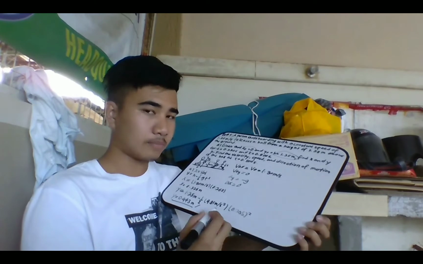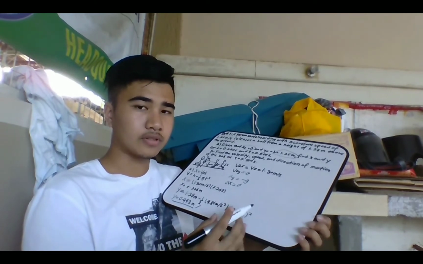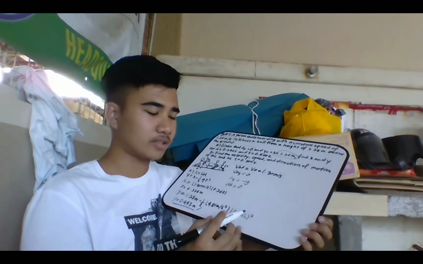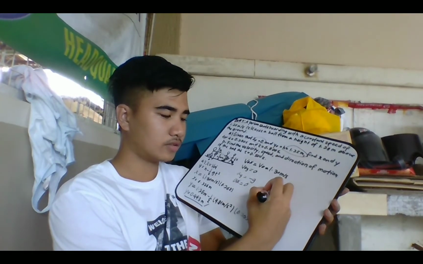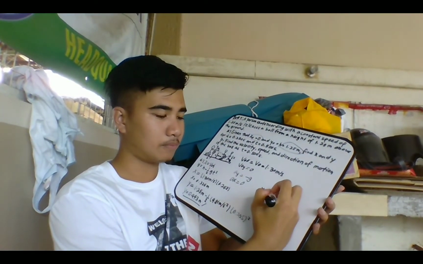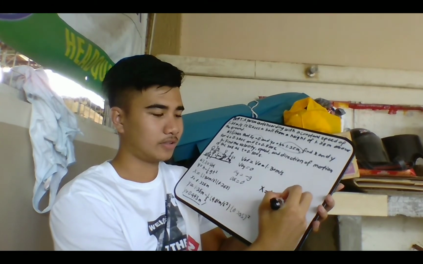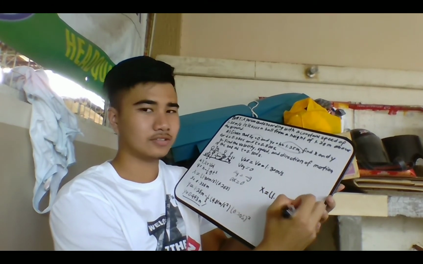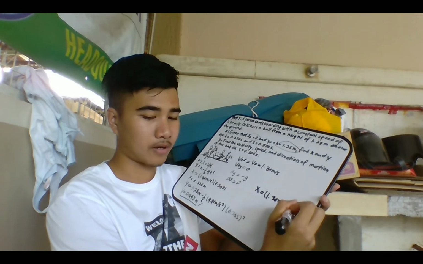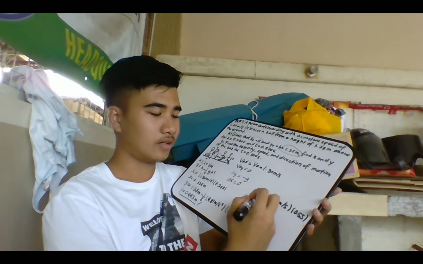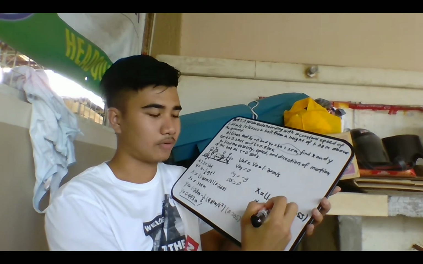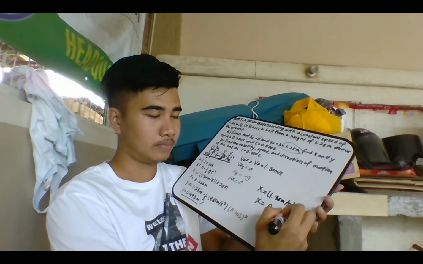For 0.5 seconds, we do the same process and just change the time. x equals 1.30 meters per second times 0.5 seconds, and by calculating, x equals 0.65 meters.